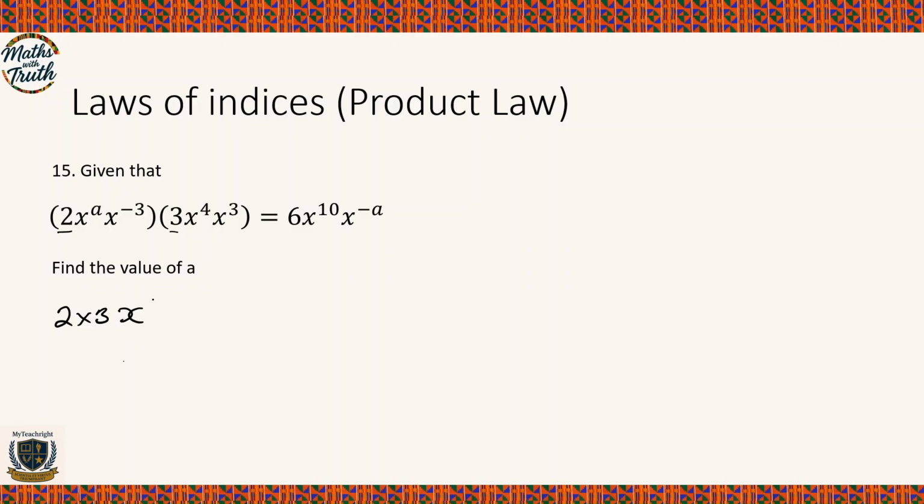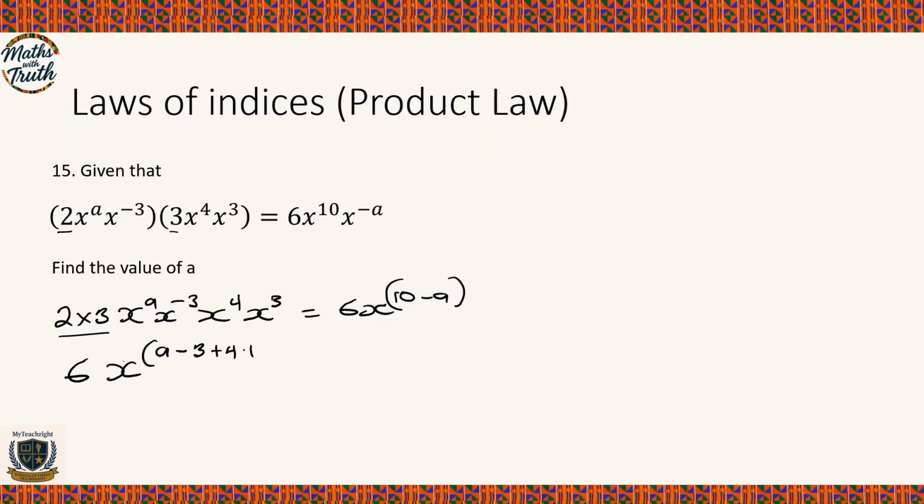Then we have x exponent a, x exponent negative 3, x exponent 4, x exponent 3 is equal to 6x, exponent 10 minus a. And we simplify this one to be 6. Now x, this is a minus 3 plus 4 plus 3 is equal to 6x, here 10 minus a.